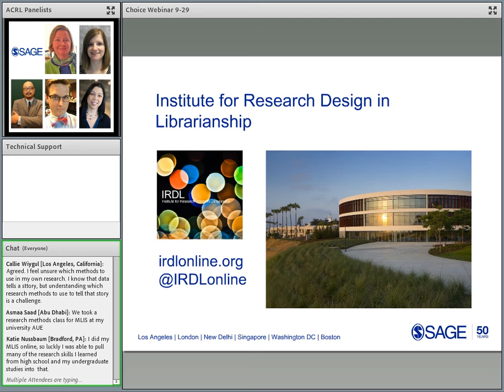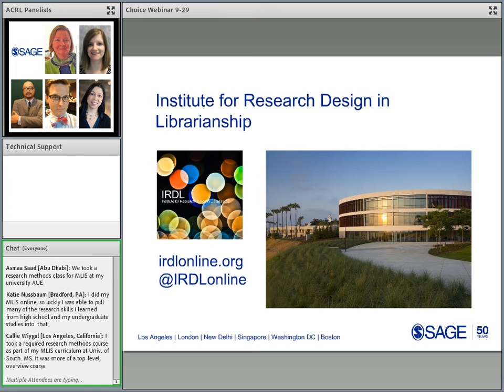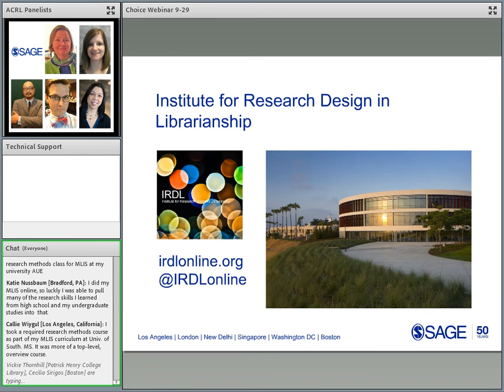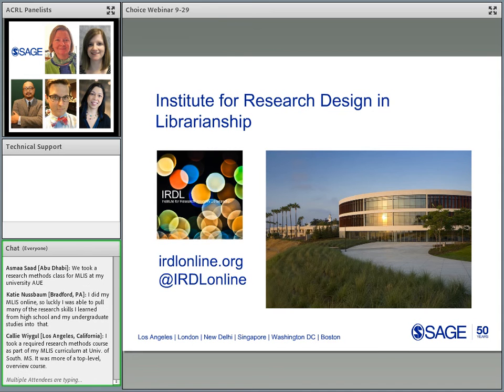I've been seeing a lot of revisions to appointment, reappointment, promotion, and tenure guidelines to include a higher percentage of their requirements to include research. And I can continue to see a need and a move towards this evidence-based decision making.